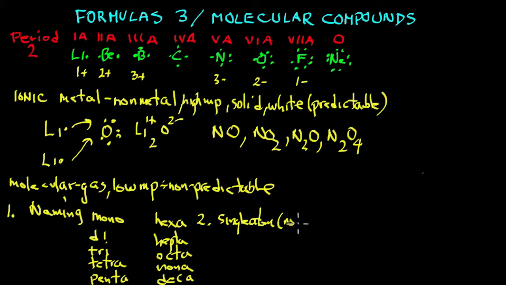No mono. So, for instance, the familiar compound CO and CO2. CO is not called monocarbon monoxide. This is called carbon monoxide. So for the initial single atom, we don't use the prefix.